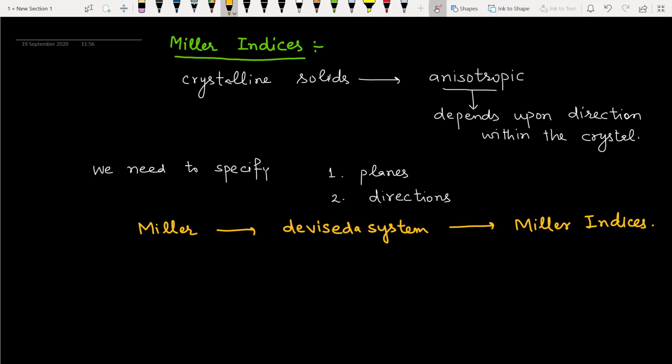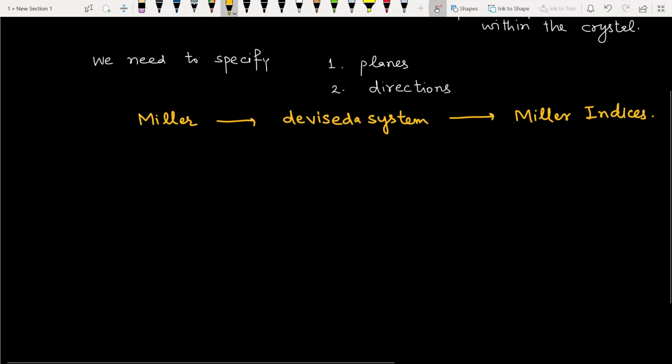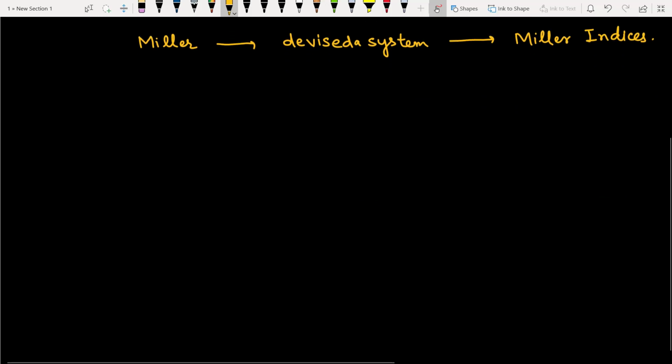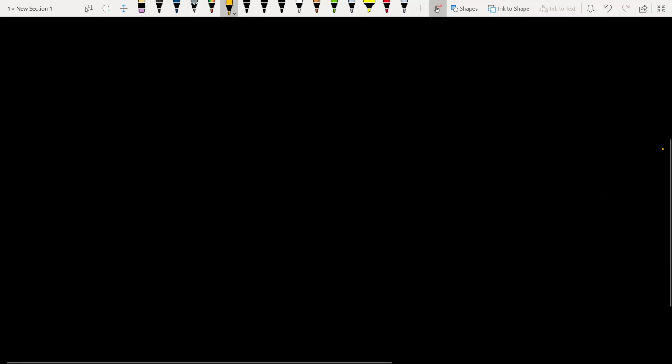And if we understand the planes and directions present in a crystal, then it will be very easy to specify the properties of crystalline materials. So now we will deal with the Miller system or Miller indices for directions and planes of crystalline solids one by one.